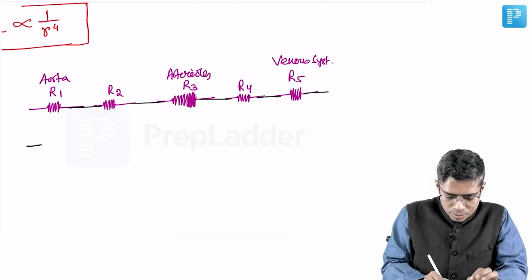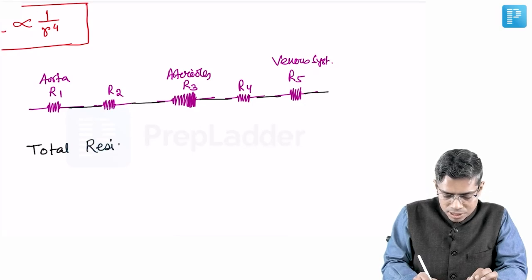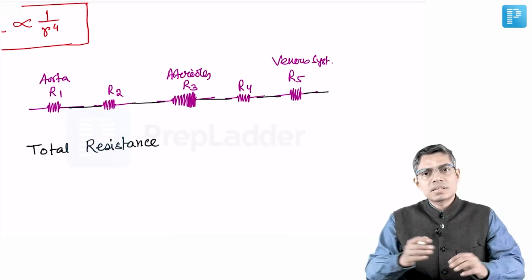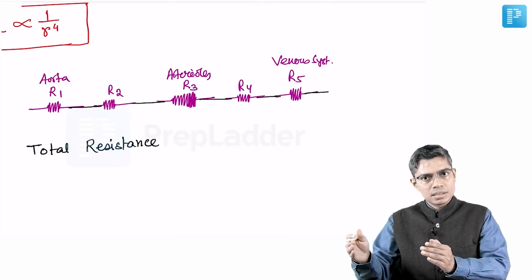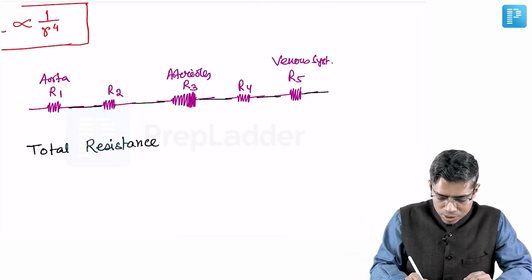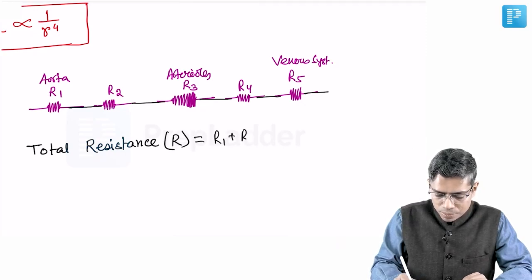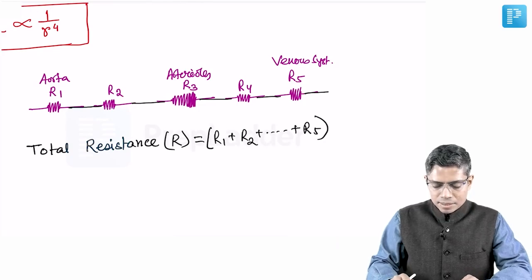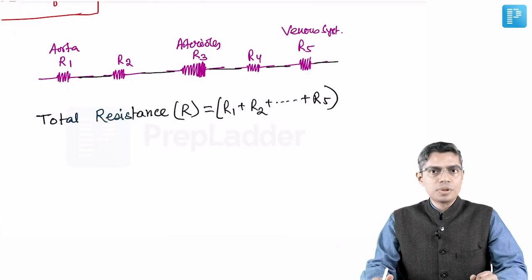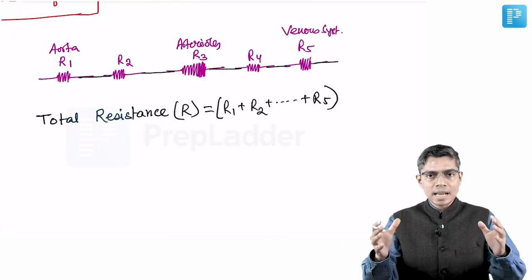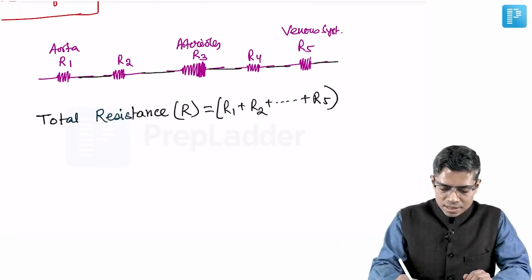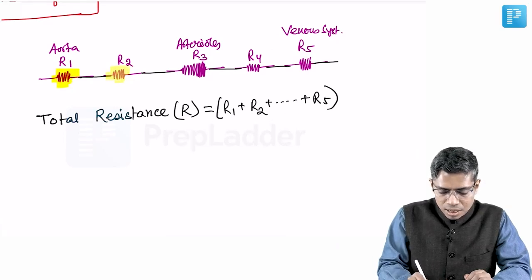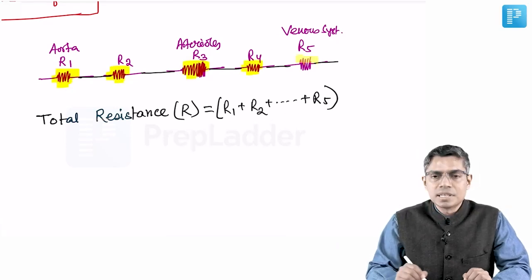So if I ask you, what is the formula to calculate the total resistance from the artery and arterioles up to the venous system, then total resistance R is equal to R1 plus R2 up to R5, right? So you are adding up the resistance of all the vessels starting from aorta, artery, arterioles, capillaries as well as the venous system.